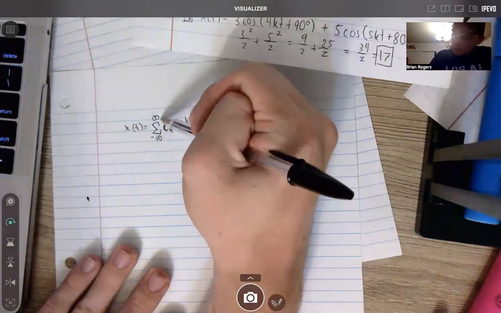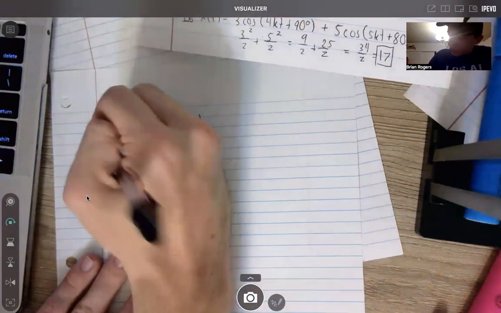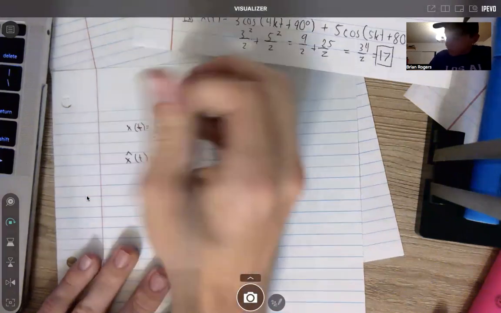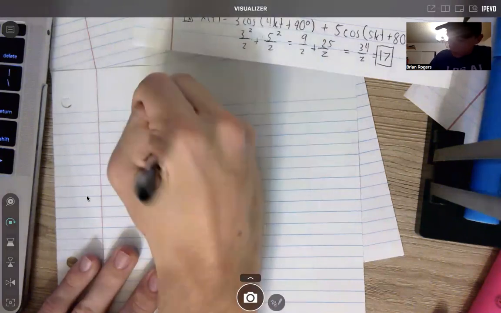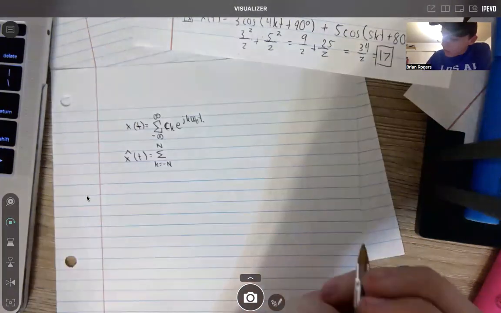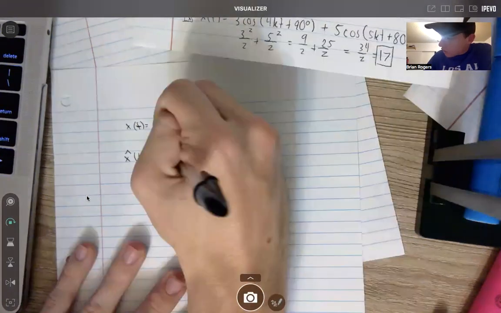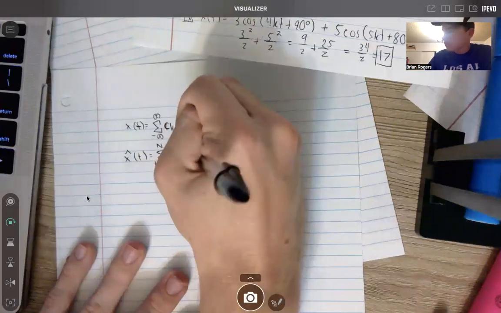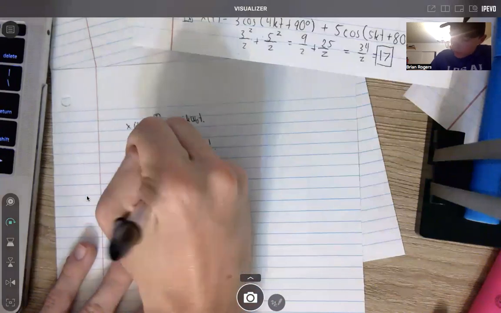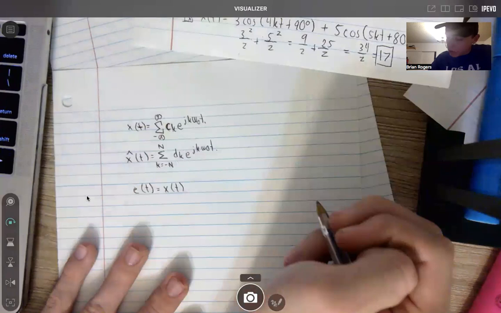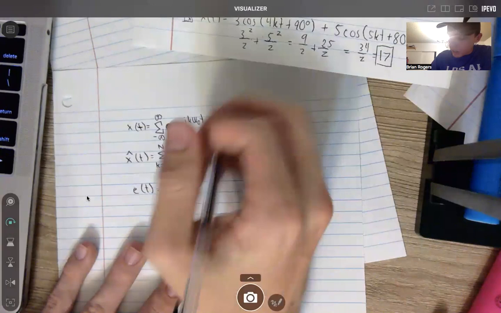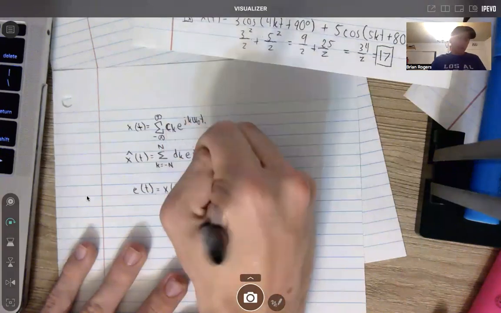So our error signal is going to be given by a specific value. We go from k equals some integer value up to some integer value of dk e to the jk omega naught t. So our error is the discrepancy between the real valued signal, the ideal signal, minus what your computer can handle, because your computer can't store infinite terms.